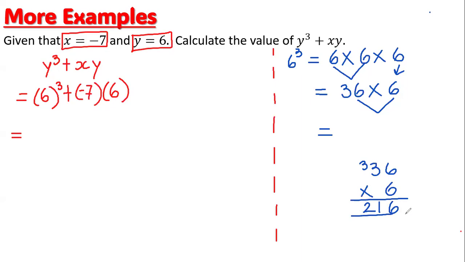And so the answer is going to be 216. So we have 6 cubed is 216.